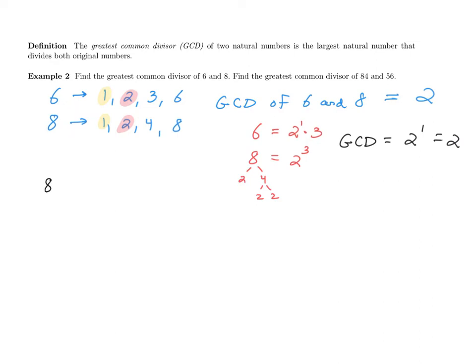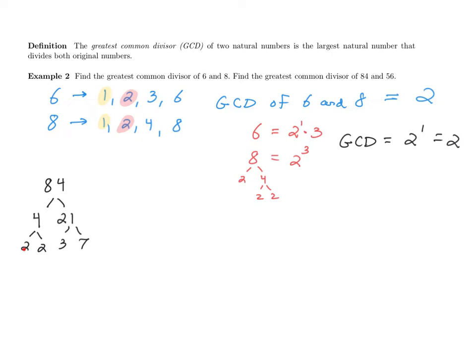So first, what is the prime factorization of 84? Well, I know 4 divides into 84, and 21 is left over if you divide 4 into 84. 4 can be split up into 2 times 2, and 21 can be split up into 3 times 7. These are all prime numbers.